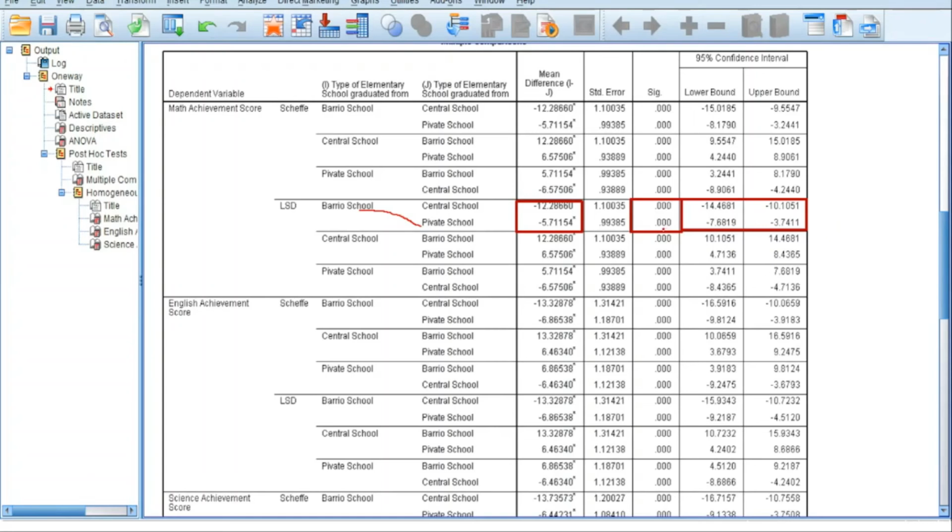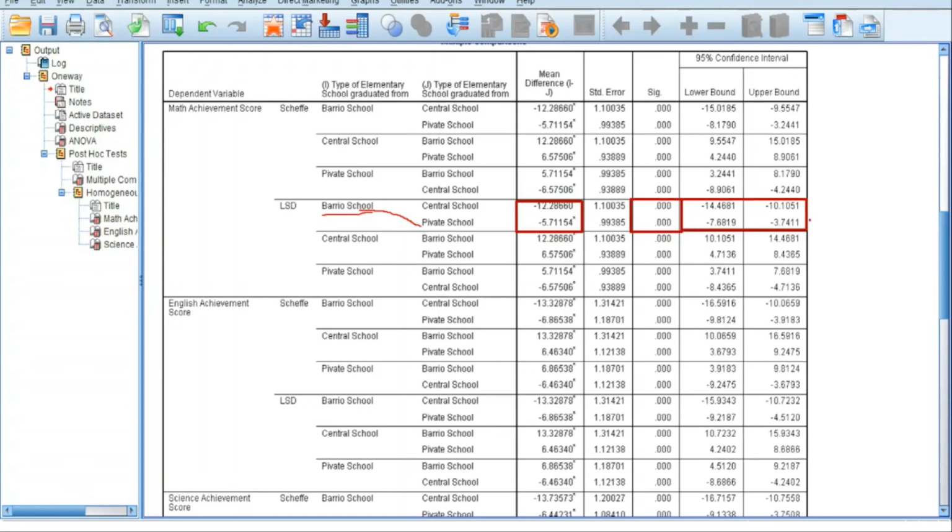Alright, so then that means that the difference between the mean achievement score of students who came from various school and private school is significantly different. And again, we are 95% confident that the mean difference of negative 5.71 is between negative 7.68 and negative 3.74.